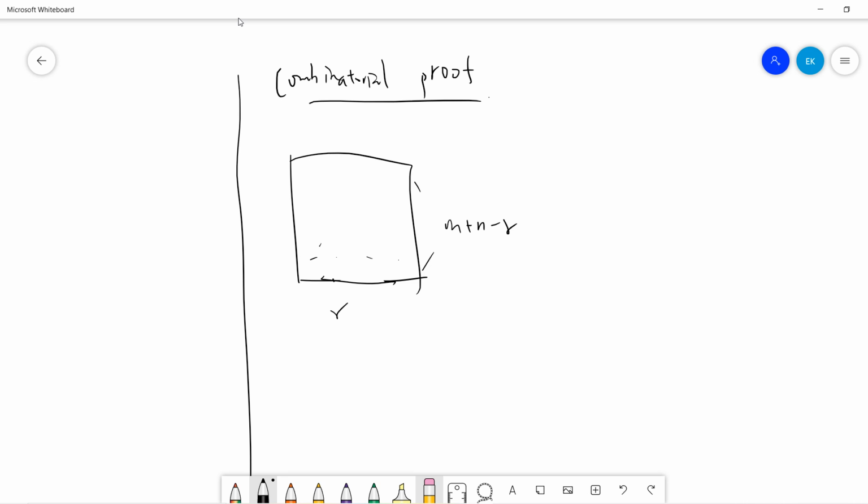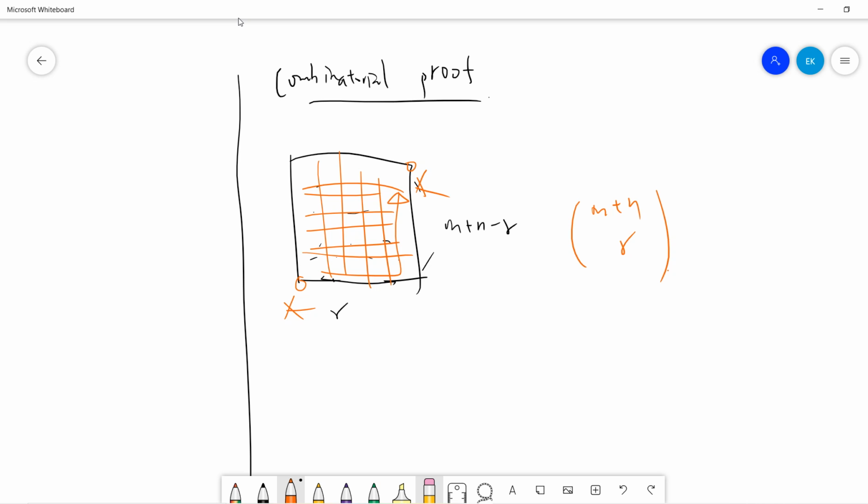In combinatorics, we know that the number of ways to go from here to here is m plus n choose r. But we can draw a line, starting from, let's say, the point k, m minus k.